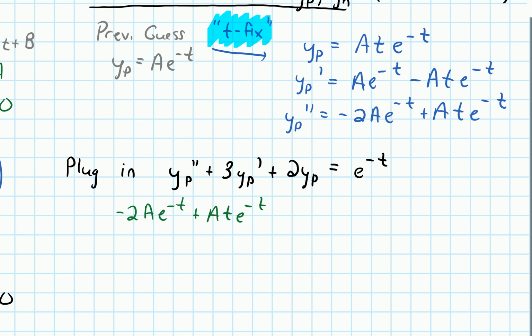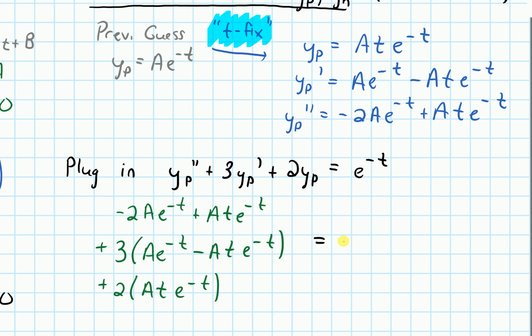That's going to get added to 3 times the first derivative, which was a e to the negative t minus at e to the negative t. And that's going to get added to 2 times yp, which was at e to the negative t. So this whole thing needs to be equal to e to the negative t.